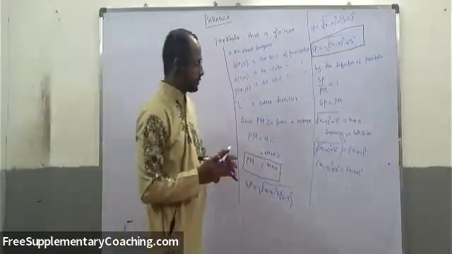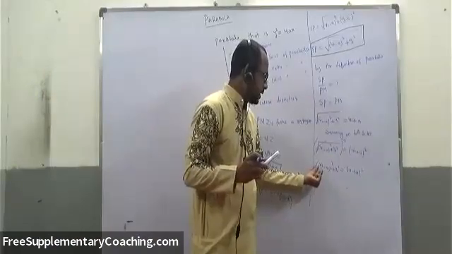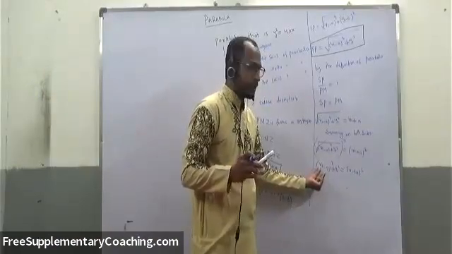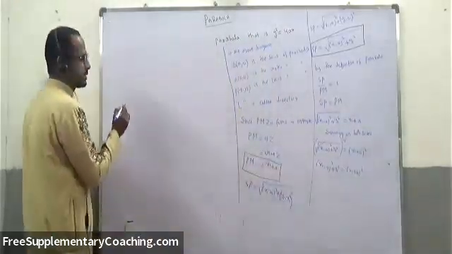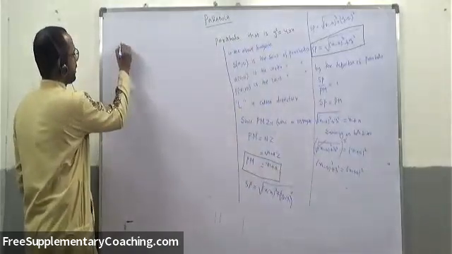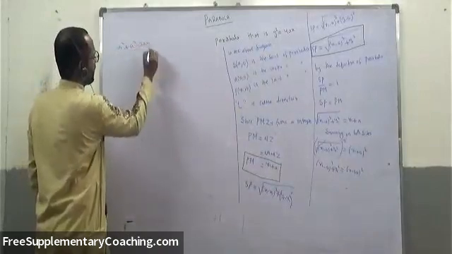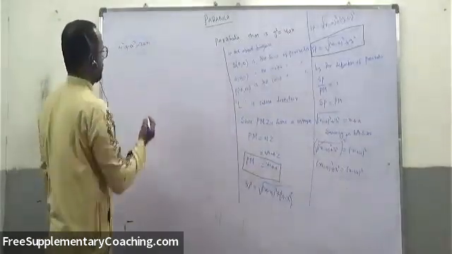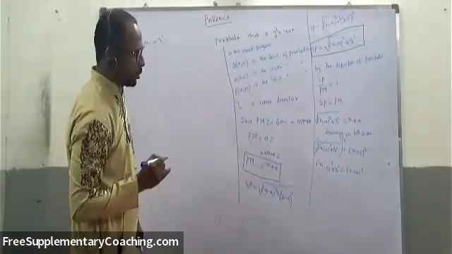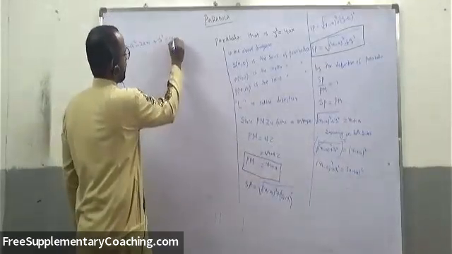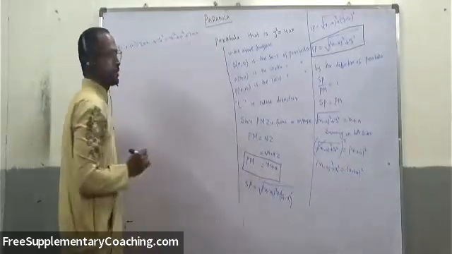Now look here. According to a minus b whole square, that is a square minus 2ab plus b square, or you can write a square plus b square minus 2ab. So according to the formula, x1 square plus a square minus 2a x1 plus y1 square is equal to, by a plus b whole square, x1 square plus a square plus 2a x1.